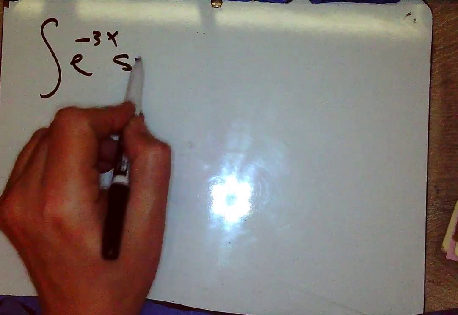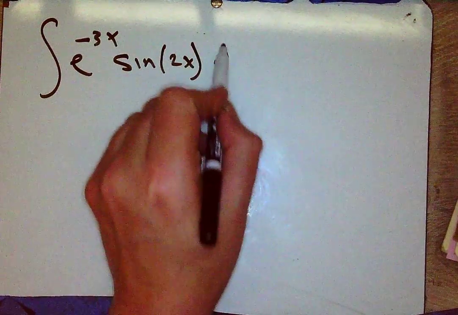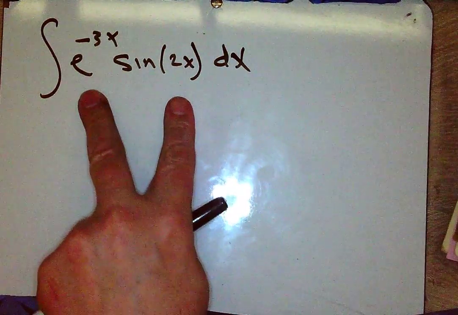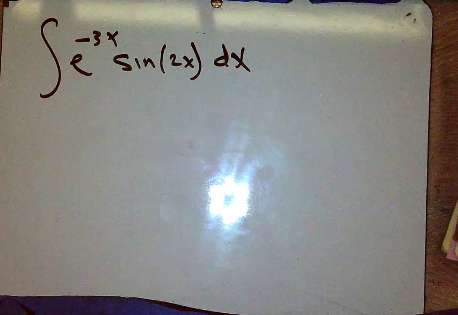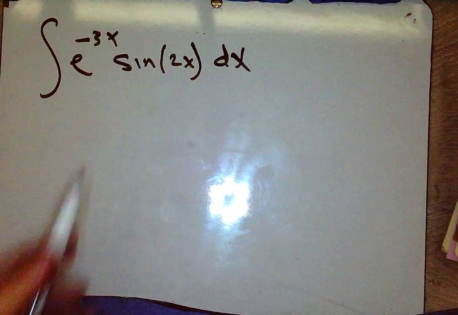Okay, number 4, e to the minus 3x sine 2x dx. Oh, that's that by parts one where both of them spin forever, so you have to go around twice using by parts. Okay.